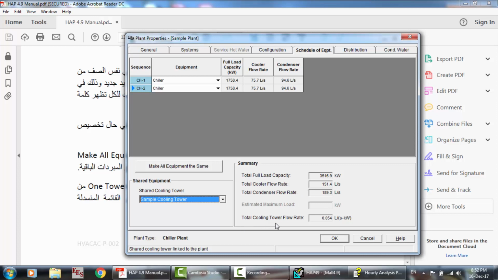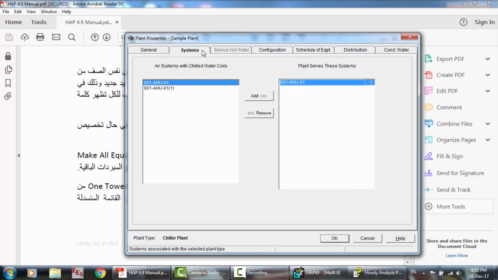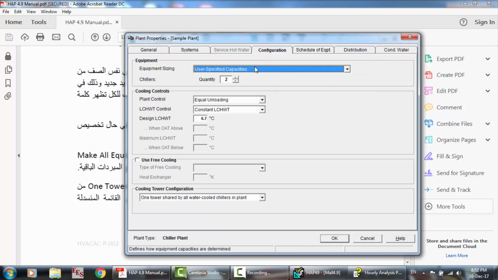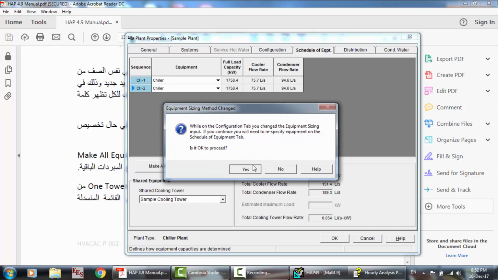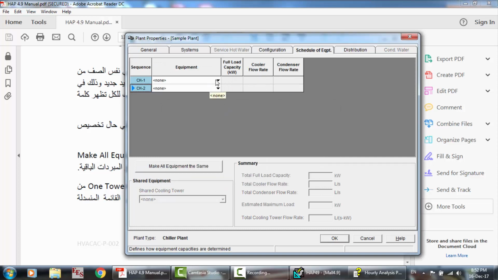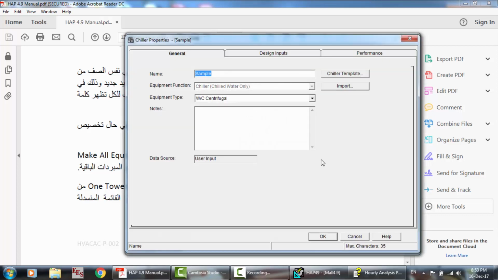What if we make it auto sized? With auto sized, you have to create a new chiller, or you can use the sample. Just an example.